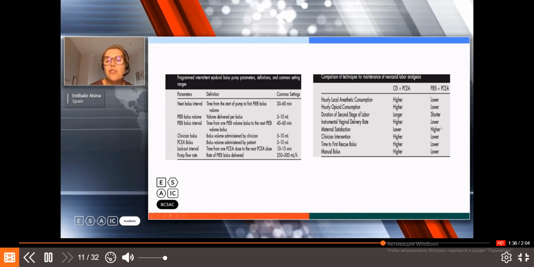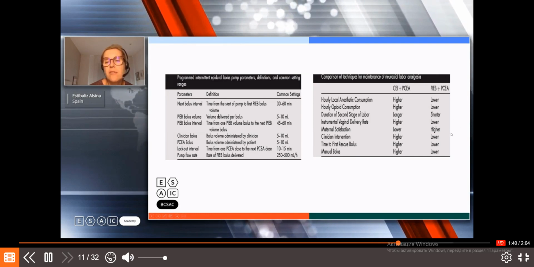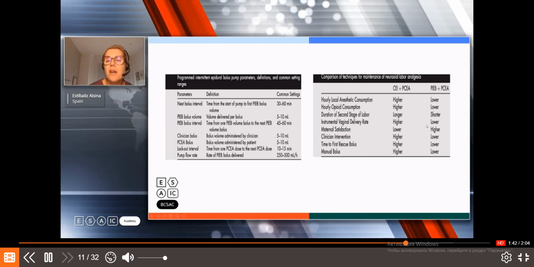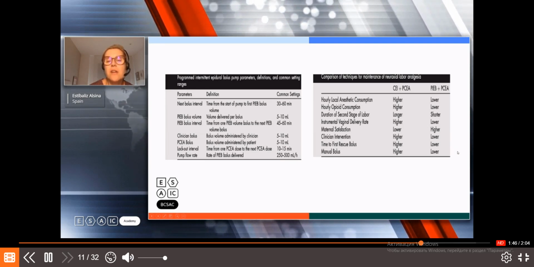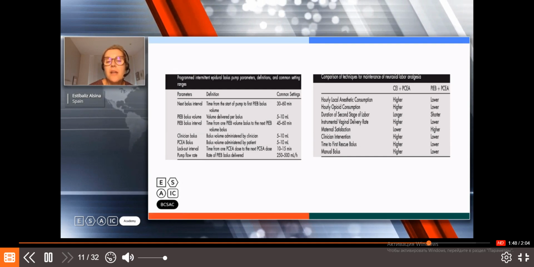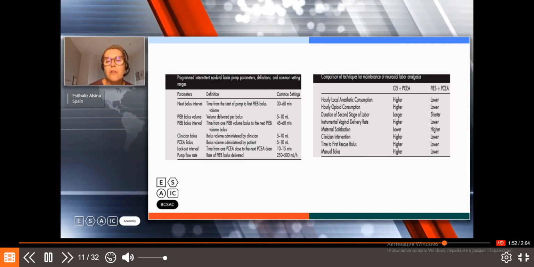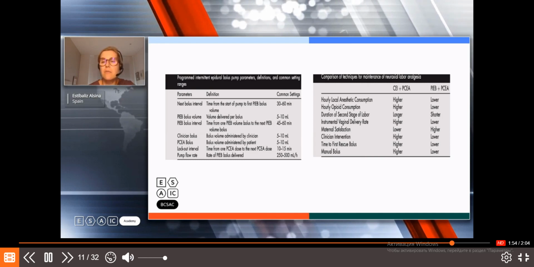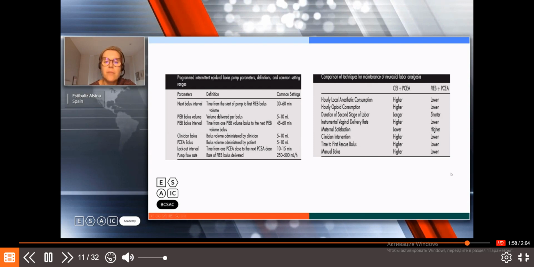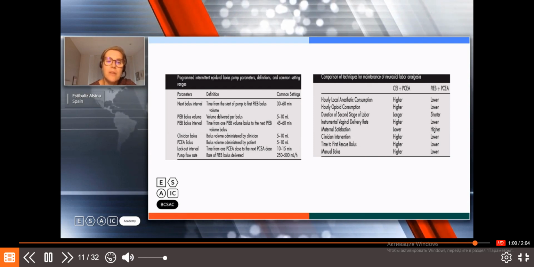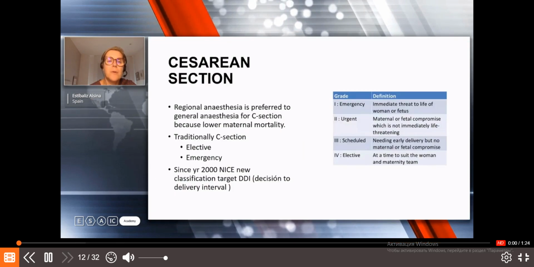There is a shorter duration of the second stage of labor, so the labor is faster, higher maternal satisfaction, lower clinical intervention, and lower manual bolus. So we are right now using this technique because we see that it's better for mothers and for the labor.